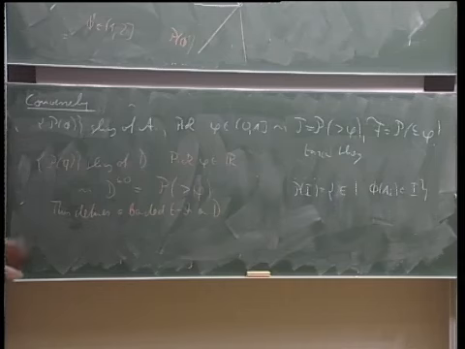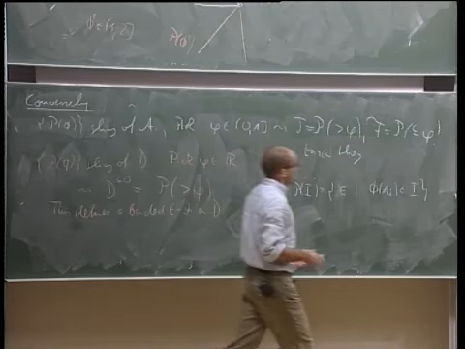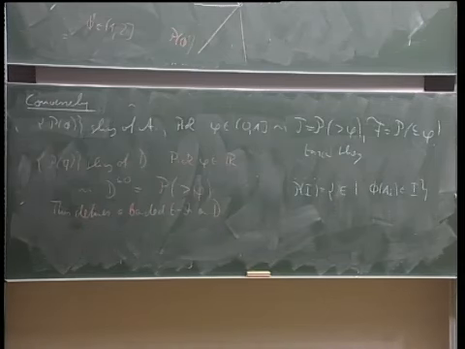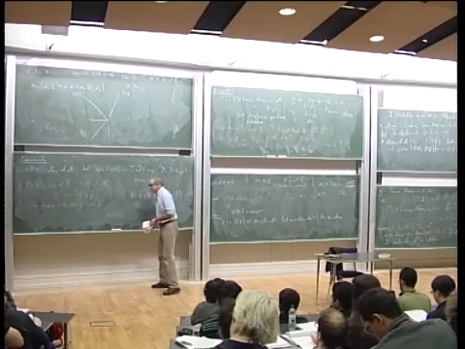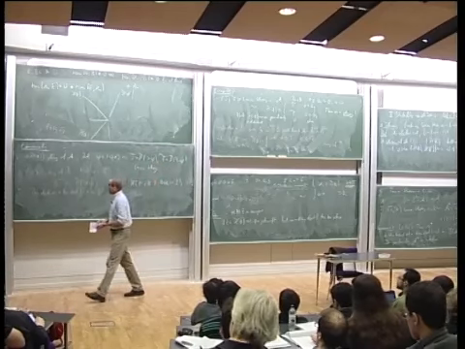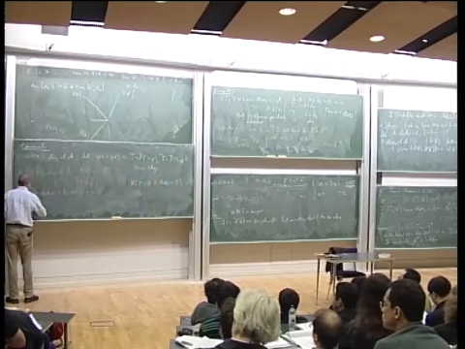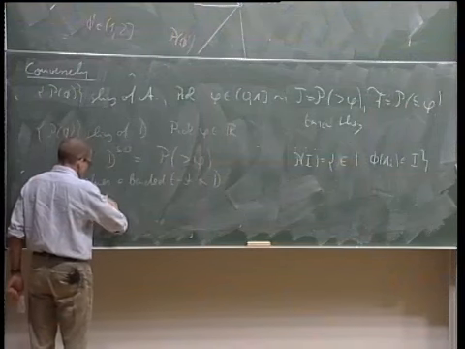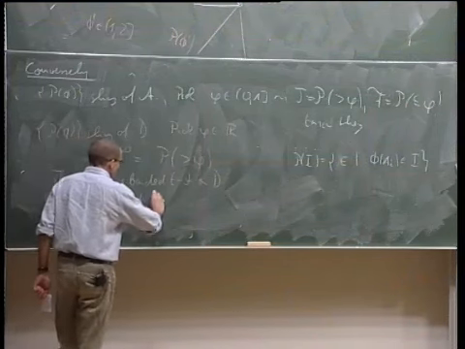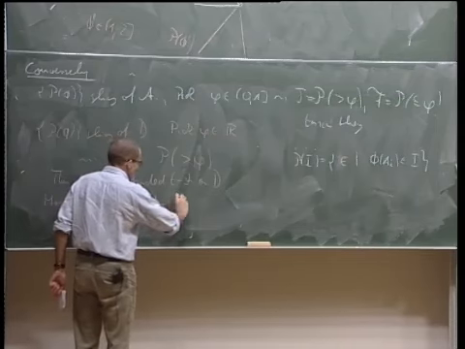So this then defines a T structure on the triangulated category, but moreover, its heart inherits a slicing.